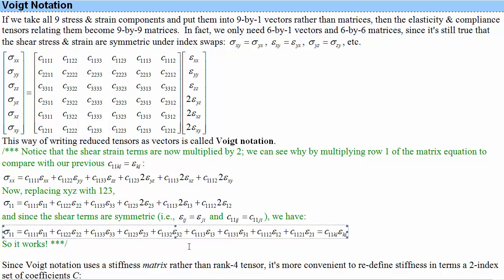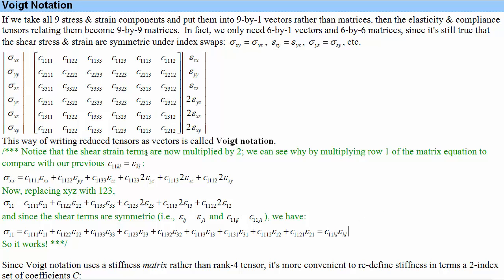So the corresponding shear terms are equal. Here we've done that. We've written this out as C_1123 and then epsilon 23 plus epsilon 32, and then doing the same thing for this term and this term. And now examining this sum, you can see that it works out to the same thing we had before, where sigma 11 is equal to C_11KL times epsilon KL. There's some Einstein summation for you again.